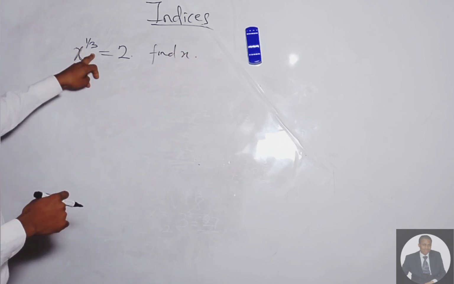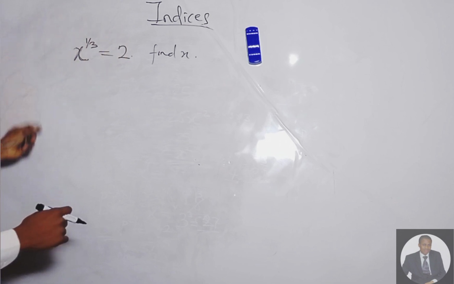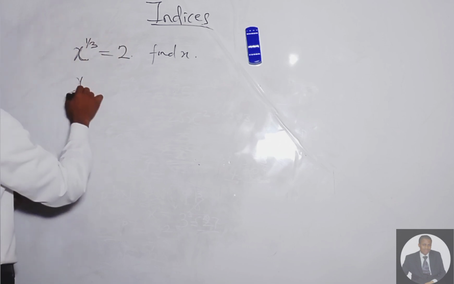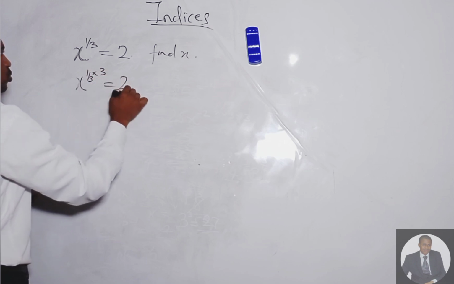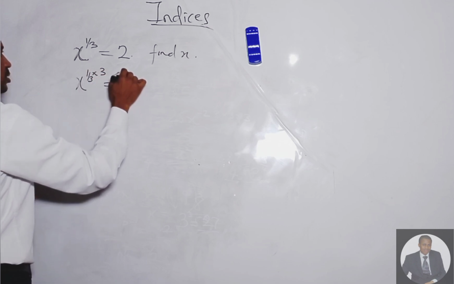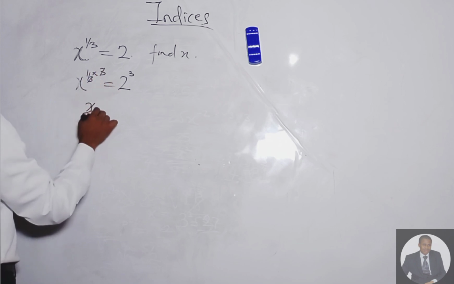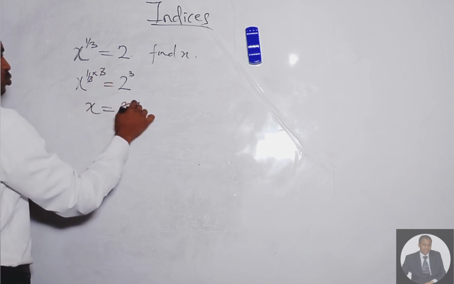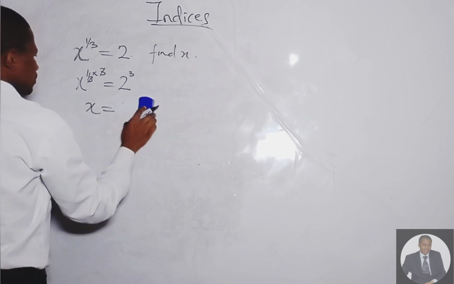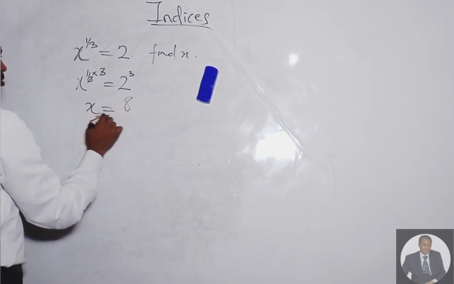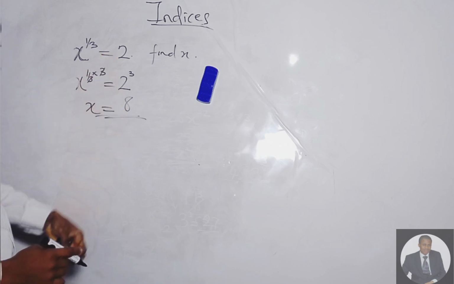What we will do is multiply the exponents by 3. x raised to power 1 over 3, times 3, equals 2 times 2 times 2, and that will give us 8. So x is equal to 8. The cube root of 8 is 2.